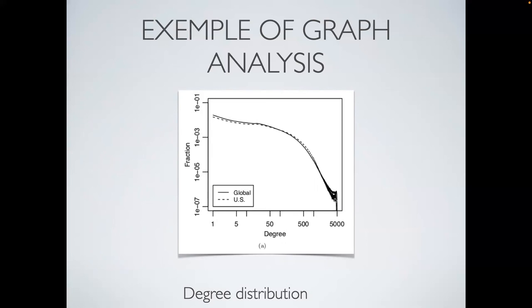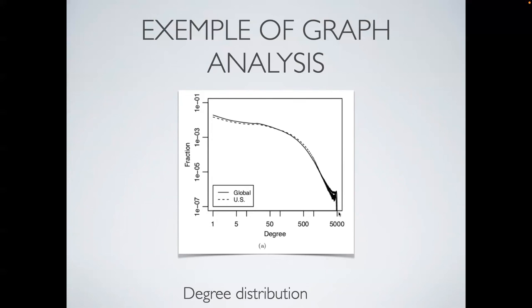But looking at it, first it tells you something. It tells you that you have a problem at 5,000. There is something weird happening, a very quick shrink in the value. Why? Because at that time Facebook had a limit on the number of friends.